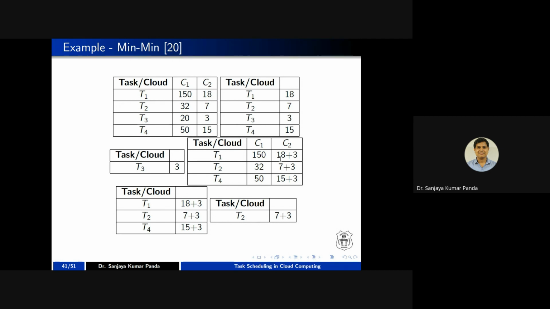Once T3 is completed, this 3 units of time you have to add to 18 plus 3, 7 plus 3, and 15 plus 3. These are the execution times, right? So once a task is completed, ready time will change, so you have to add that ready time and execute the other tasks. Once T3 is eliminated, you can see we have added plus 3 in the second machine. You find again the row minimum, column minimum, choose a task, execute.